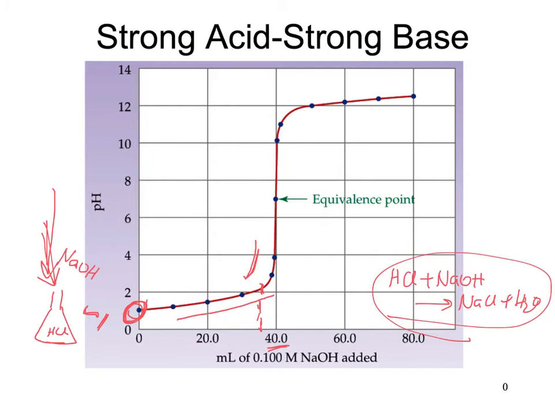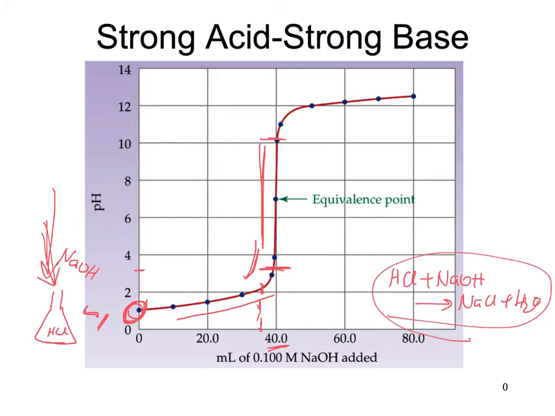And right when it approaches 40, notice there is barely any change in the volume of the sodium hydroxide that is added, but the pH is basically jumping. It's jumping from approximately, my guess is close to about 3-ish or so, all the way to 10. That's like a 7-unit change in pH.